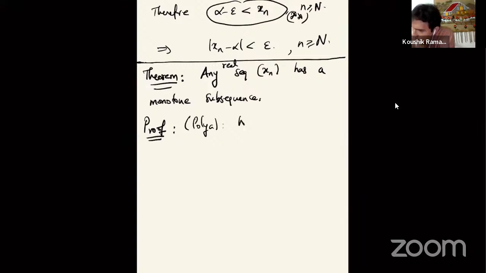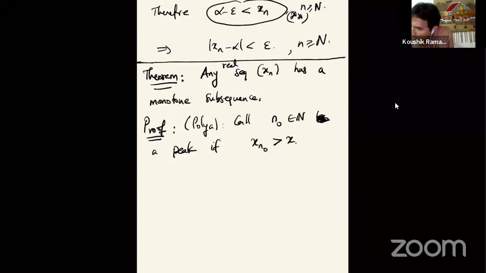Let the integer n naught in N be called a peak if x n naught is bigger than xn for n bigger than n naught.